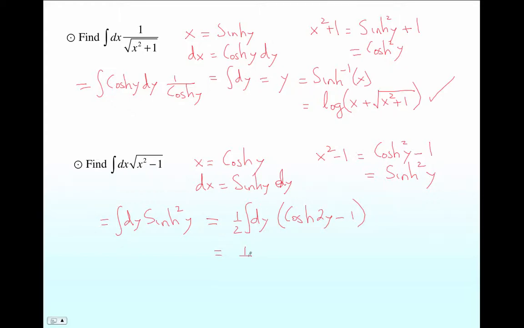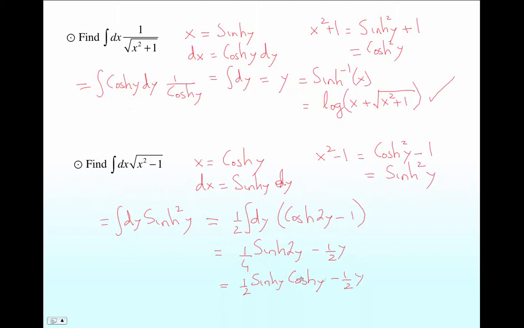This is 1/4 sinh of 2y minus half y. Sinh of 2y is 2 sinh y cosh y. So that's half sinh y cosh y. And that's minus half y as before.